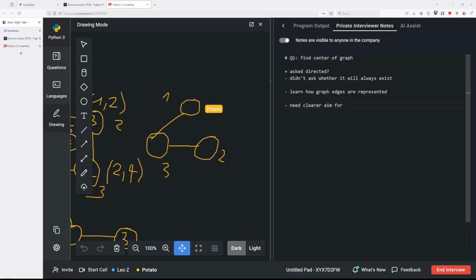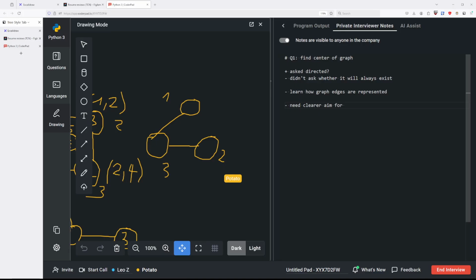So that's why node 1 cannot be the center node. Also, we would need to check node 2, right? Node 2 connects with node 3, but node 2 does not connect with node 1, so node 2 also cannot be the center. Yeah, that's true.